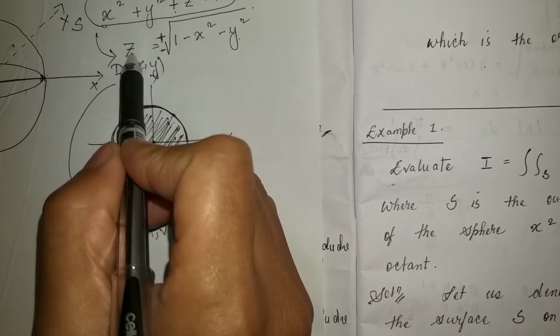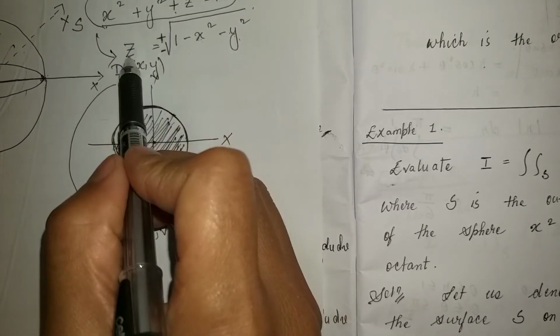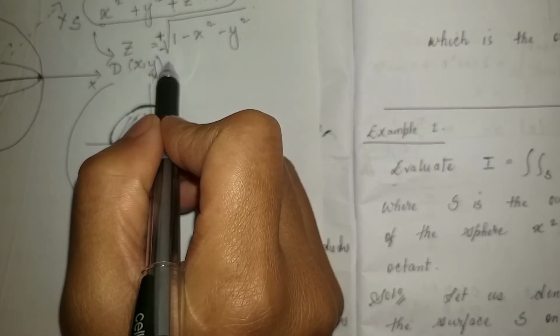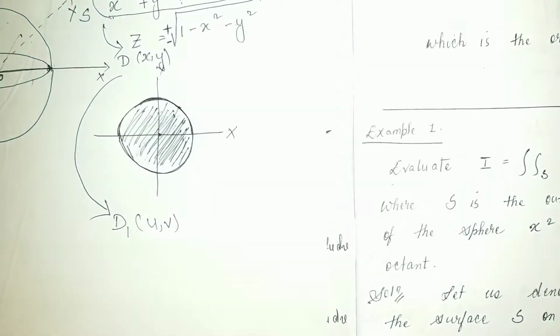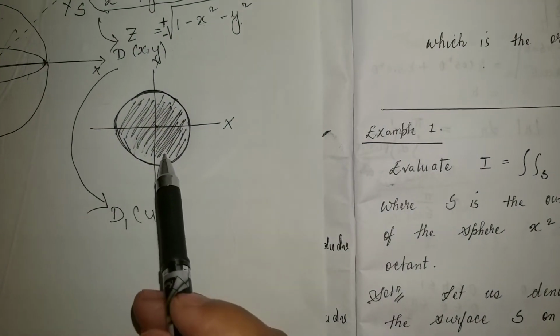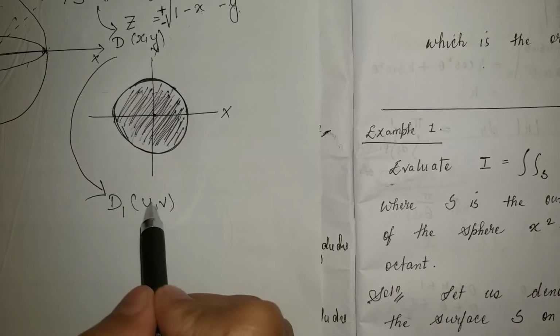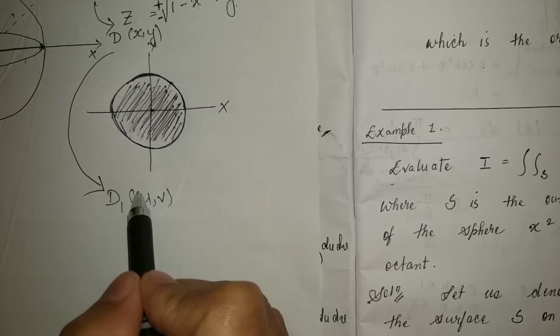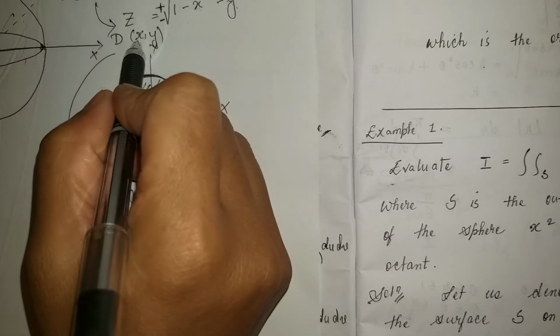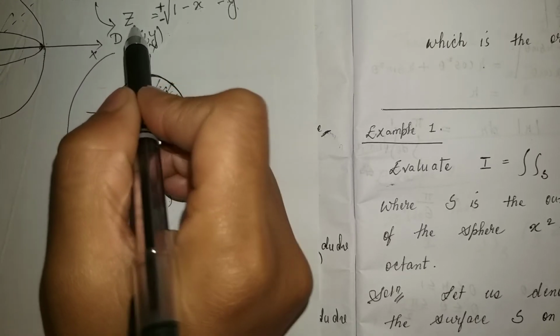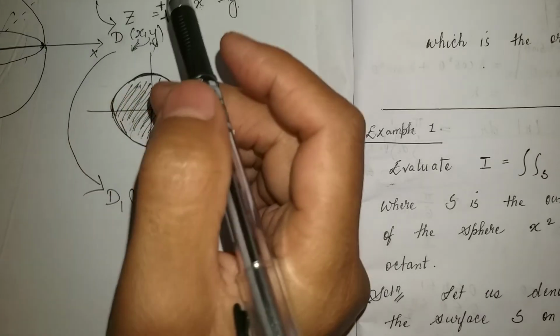Suppose we want to parameterize this disk and express it in terms of u and v, then we have to find out how to express x and y.